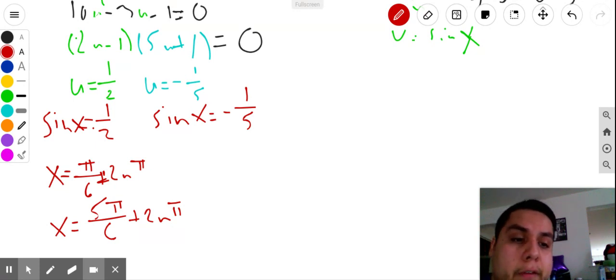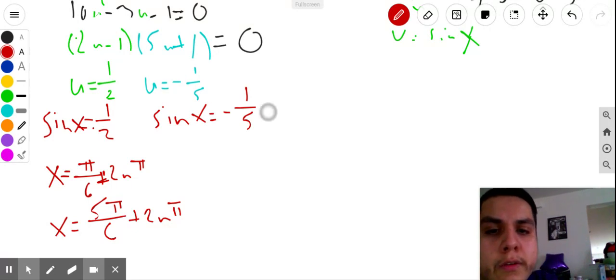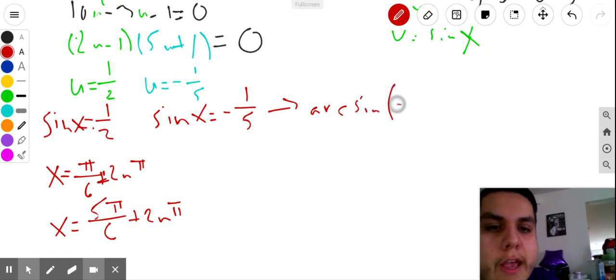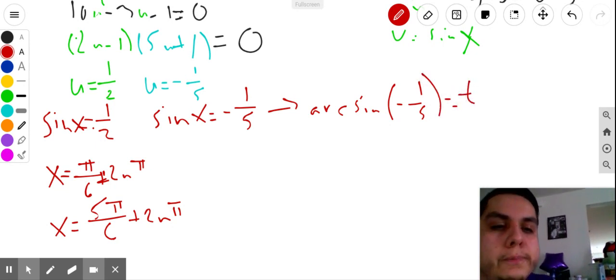But now we have sine of x is equal to negative 1/5, and this is something that we talked about last couple days, but let's do it again. So from here, I'm going to think about it as arc sine, sine inverse. Arc sine of negative 1/5 should equal my angle.